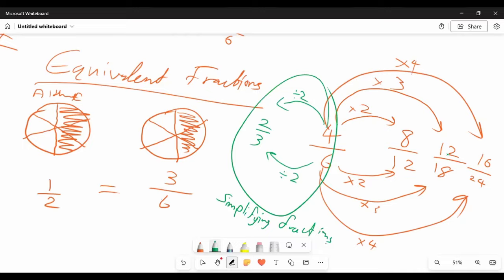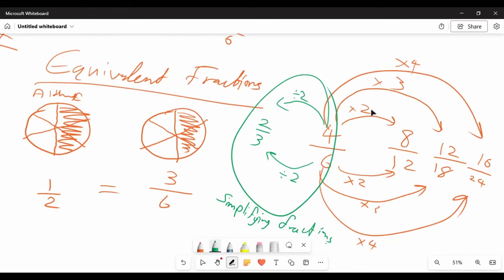So simplifying fractions comes under equivalent fractions, but only for the division part, making the fraction to its simplest form. So you don't have to learn simplifying fractions separately, because that actually comes under equivalent fractions.